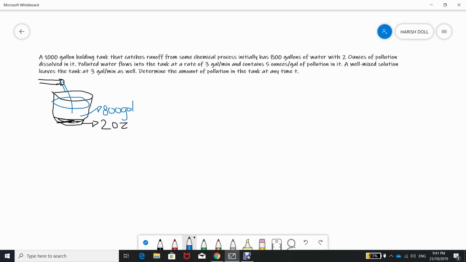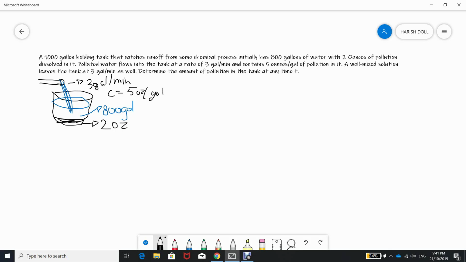It is going at a rate of 3 gallons per minute. And the solution entering has a concentration of 5 ounces per gallon.